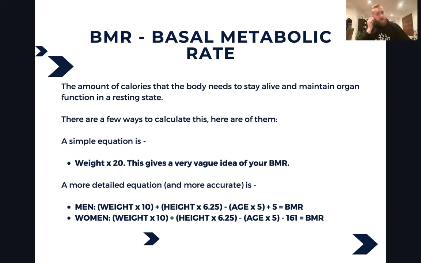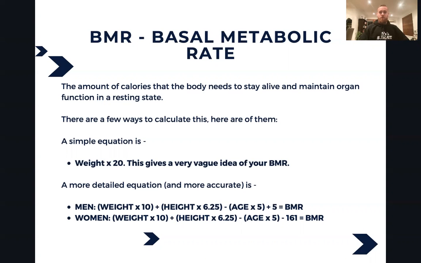For women, the equation is very similar. So weight times 10 plus your height times 6.25 again, so all the same, minus age times 5, so that's all exactly the same as the male one, but we're going to minus 161. I'm sorry, ladies, that does mean that there's less included in the BMR for this one.